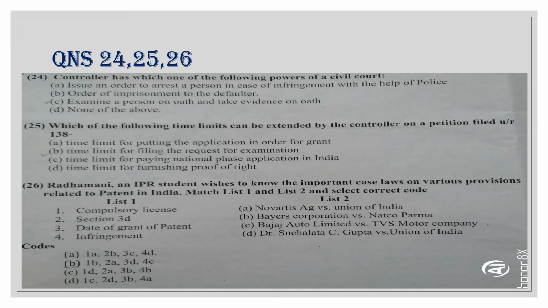So it cannot be the powers of a civil court. So option A is cancelled. Option B is order of imprisonment to the defaulter, and this also indicates the criminal court. And D cannot be the answer, because there is a correct option here, and the correct option is examine a person on oath and take evidence on oath. So the correct option for question number 24 is option C.